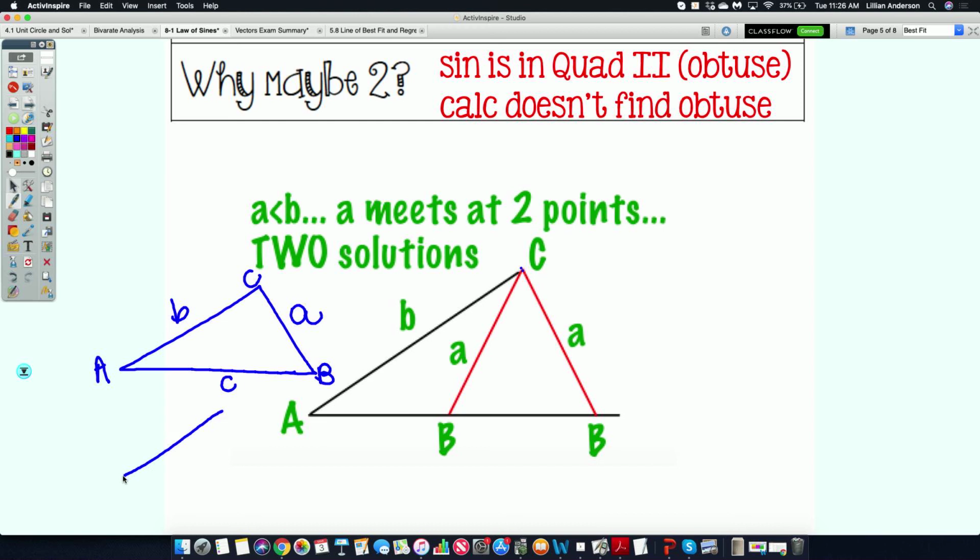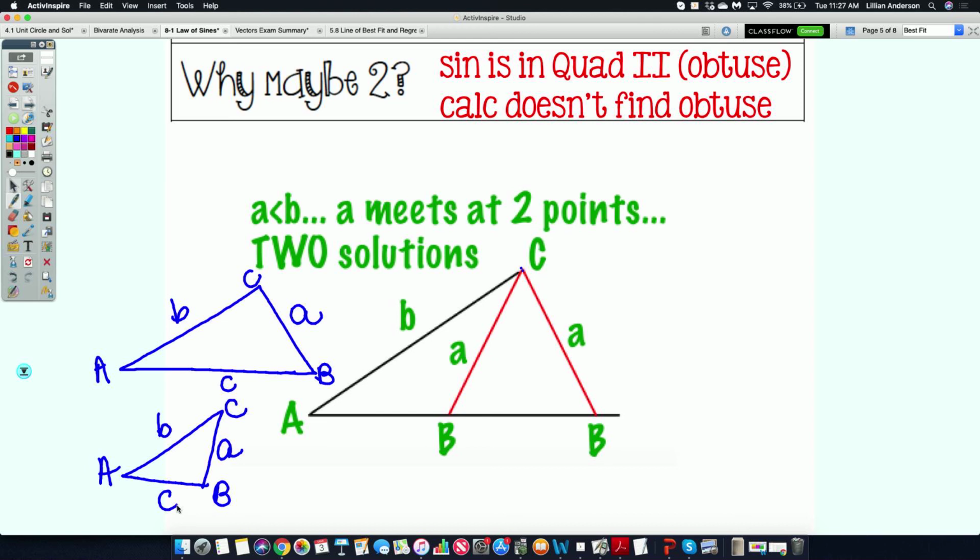But then there can be another triangle where a is the same length it was in the first triangle, but it's just moved closer. Angle B now goes from an acute angle to an obtuse angle. These 2 pieces stay the same. Angle C, of course, changes, and then side c also changes as well.